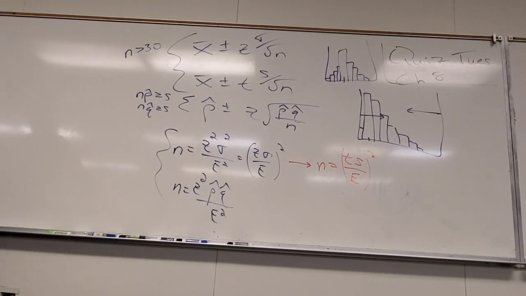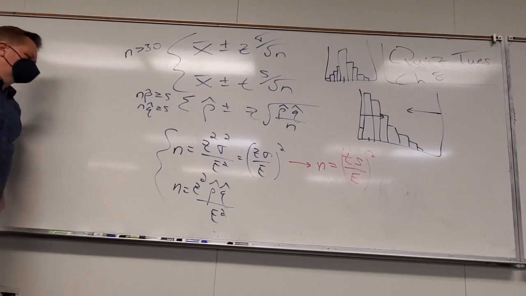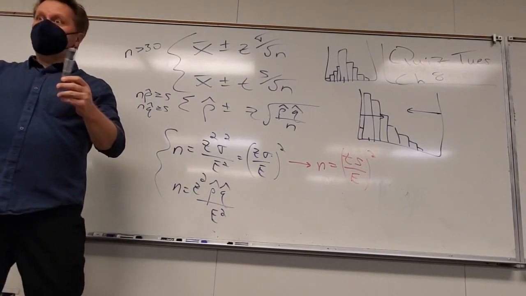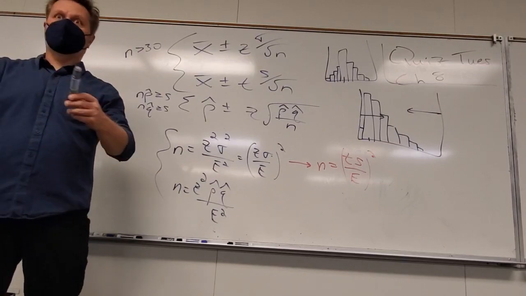Okay. So any questions on that? That's chapter 8 right there. Some of the problems give you confidence intervals that they already figured out. Right? There's a few problems like that.